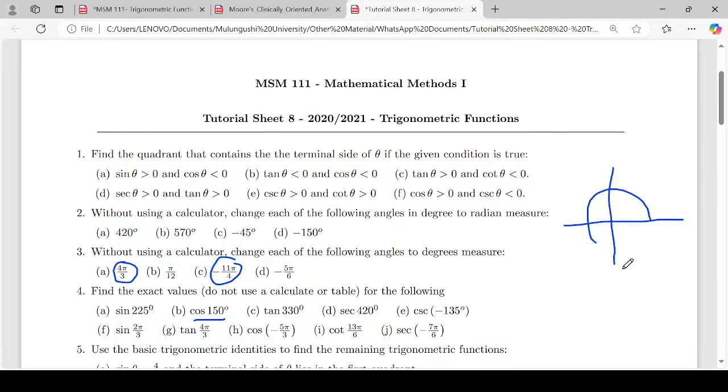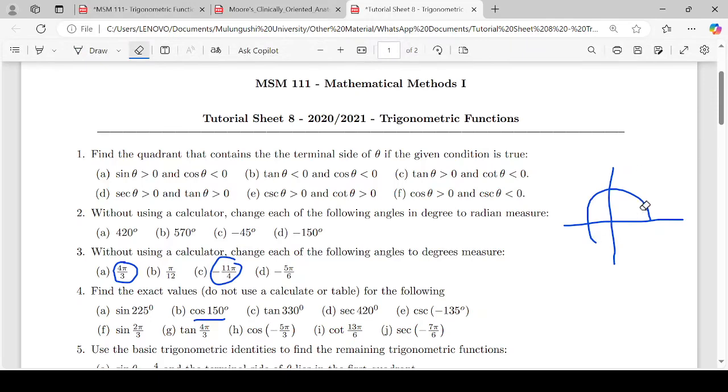Before we reach 270, that's where we have 225. So if you still have trouble identifying where a specific angle is, you can let me know. So 225 is in this quadrant.